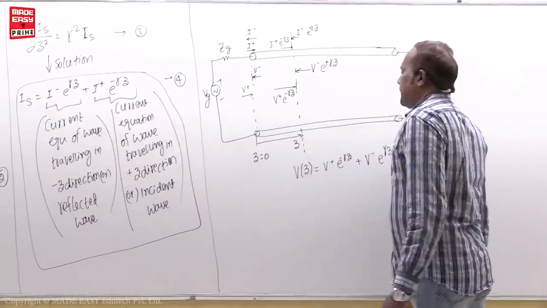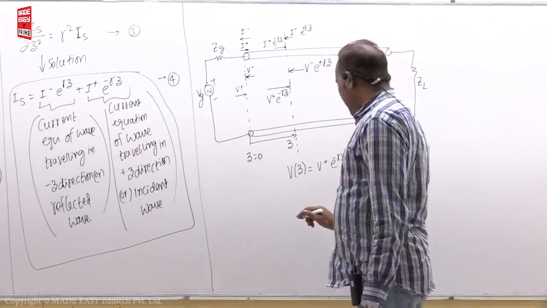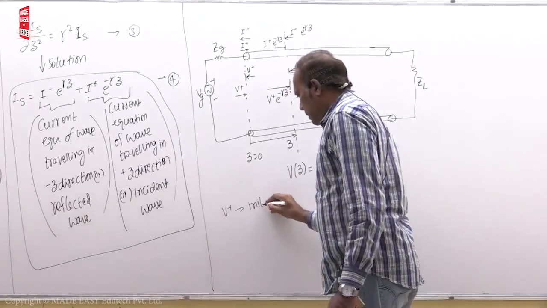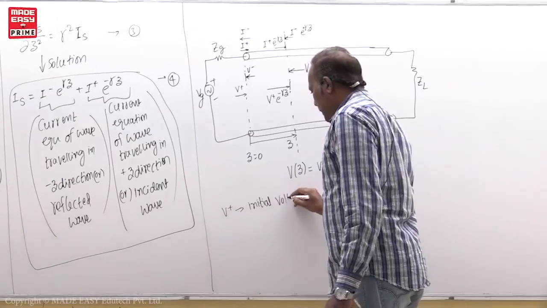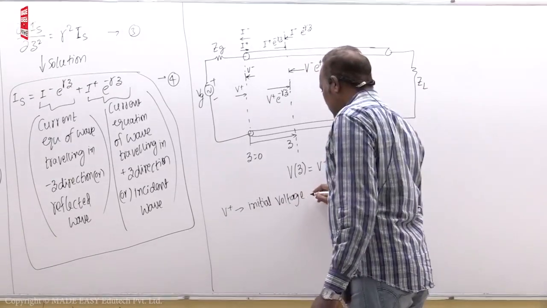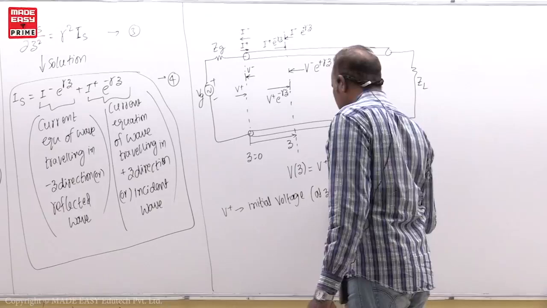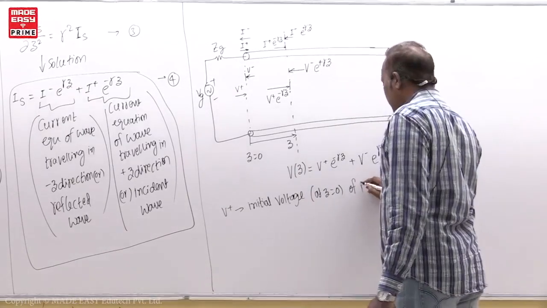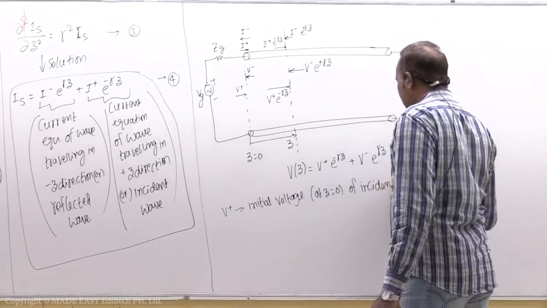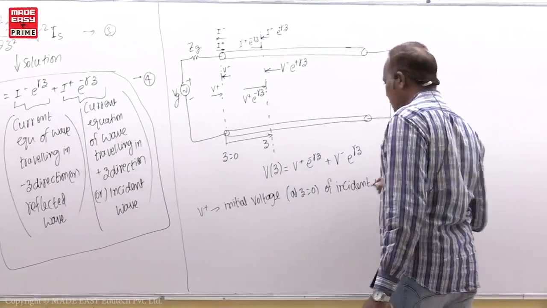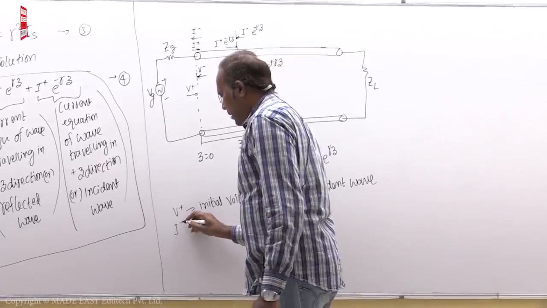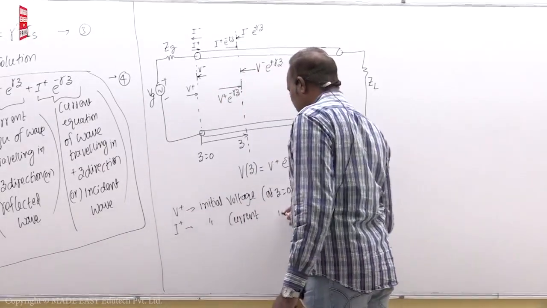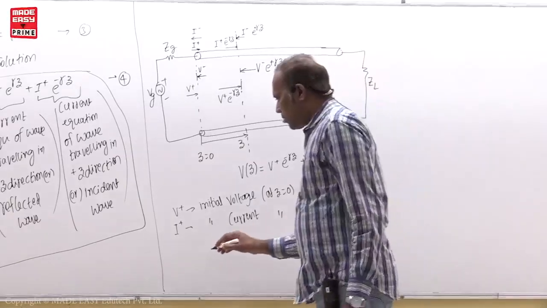Okay. So here I will write, V plus means initial voltage, that means at z equal to 0, of the incident wave. I plus is the initial current, that means at z equal to 0, of the incident wave.